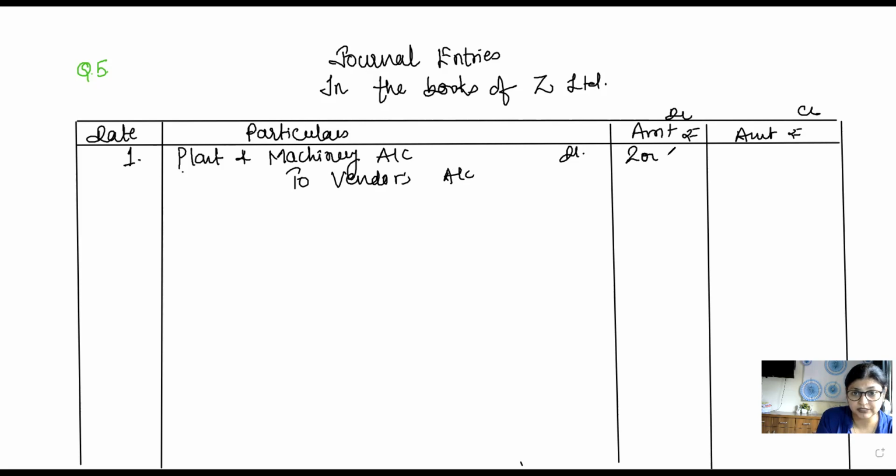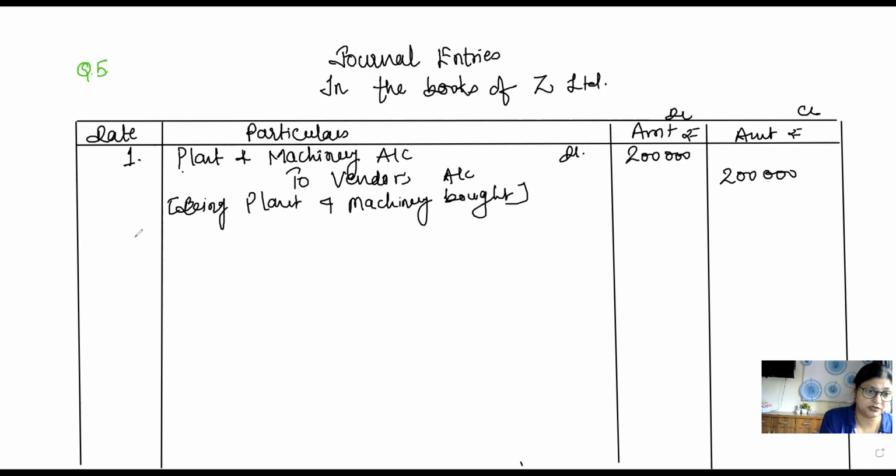Amount is 2 lakh rupees. Narration: being plant and machinery bought or acquired, whatever you want, you can write.